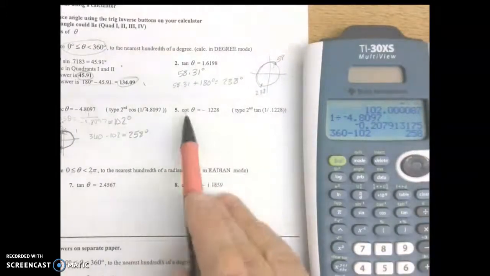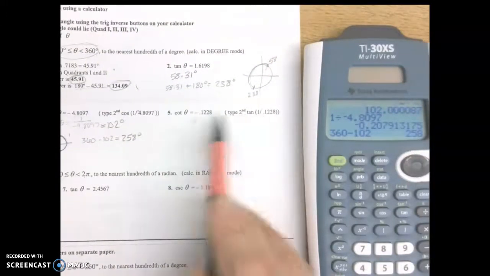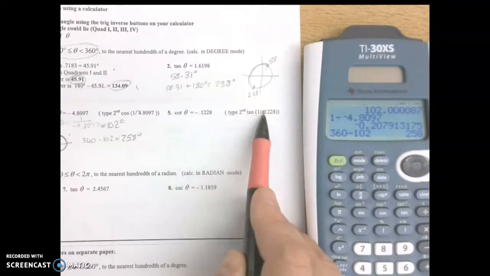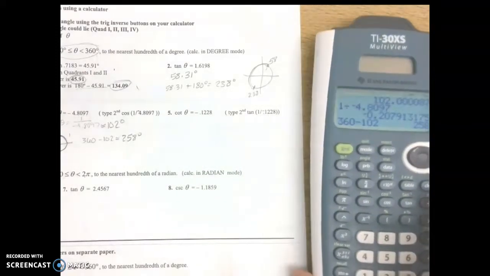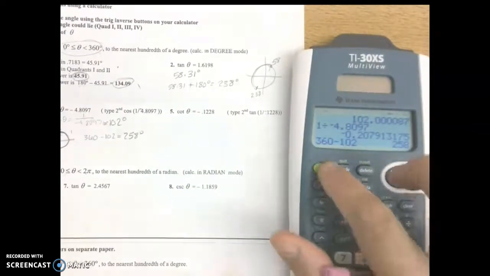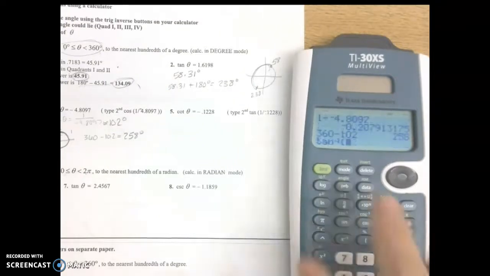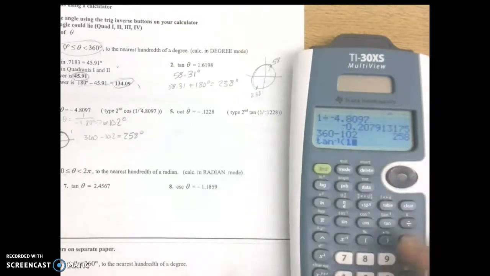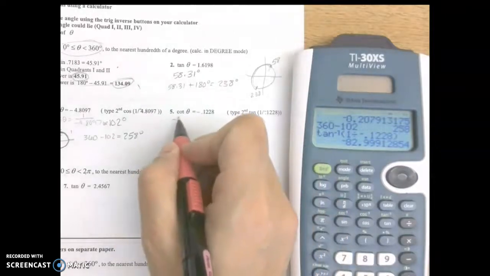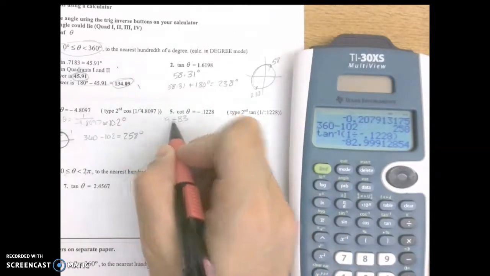Same for cotangent. Again, you can do your tangent. Just make sure that you keep that equal sign there. So let's look at that. So we've got the inverse tangent of 1 divided by negative 0.1228. Okay, so that gives me a negative 83 approximately.